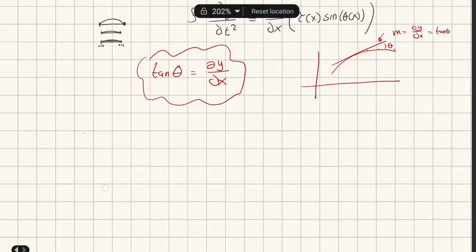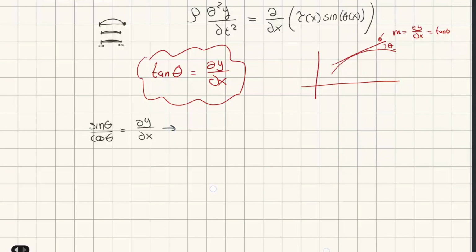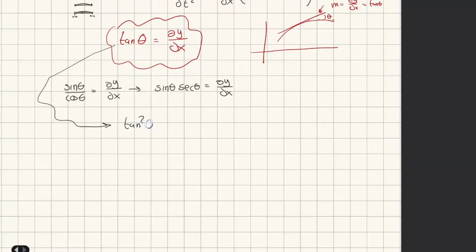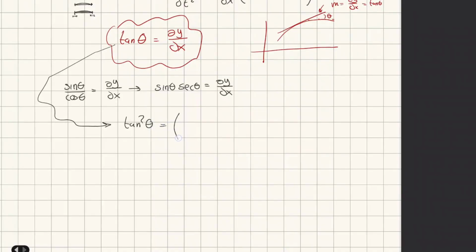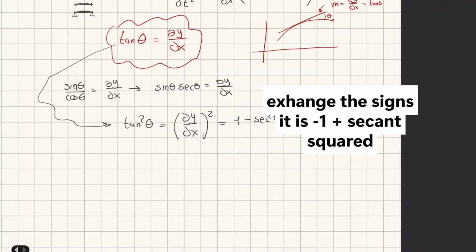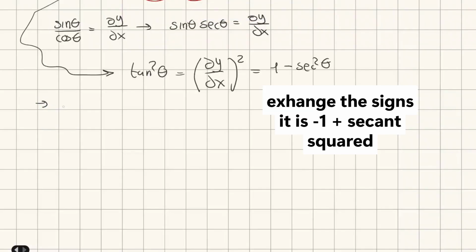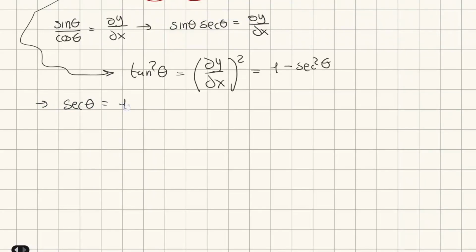From this relation, we can establish that sin θ divided by cos θ is equal to the derivative of y with respect to x, and then that sin θ sec θ is equal to the derivative of y with respect to x. From here, we can say that tan² θ is equal to the derivative of y with respect to x squared, which is equal to sec² θ minus 1. So sec θ is equal to the square root of 1 plus the derivative of y with respect to x squared.